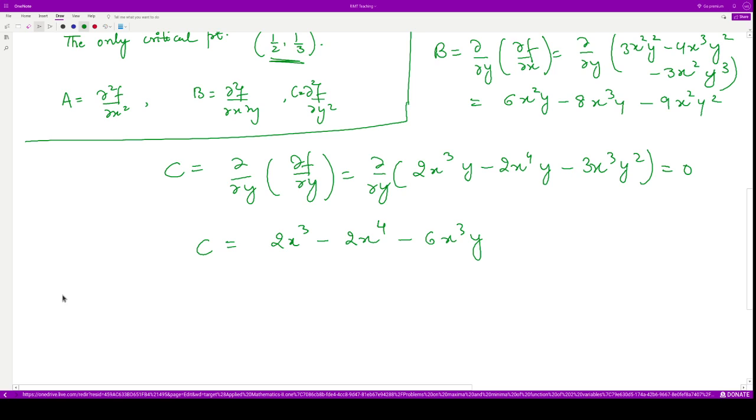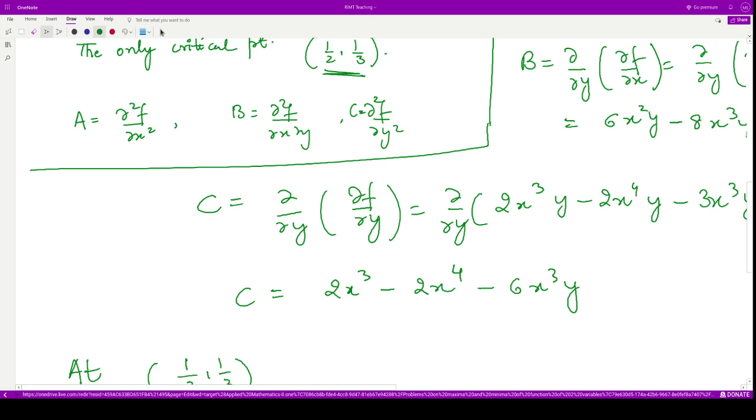And we'll calculate A at all these values at the critical point, that is 1 by 2 and 1 by 3. So at this critical point, what is the value?